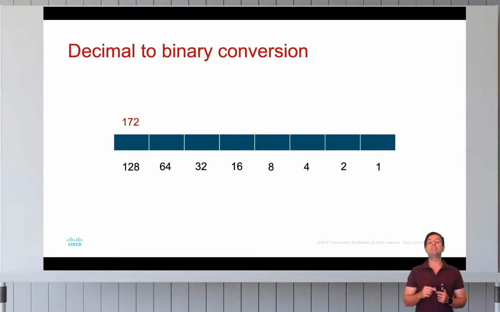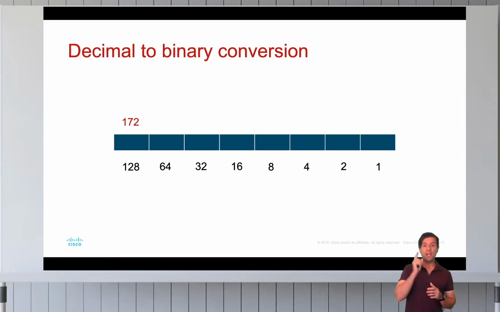Firstly, write down all of the values for the columns, because we know that the values are 128, 64, 32, 16, 8, 4, 2, and 1. Secondly, you must realize that 1 is equal to true, also known as on, also known as yes. 0 is equal to false, off, or no.